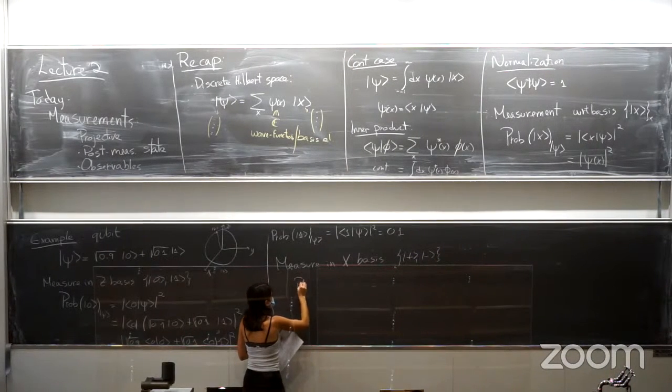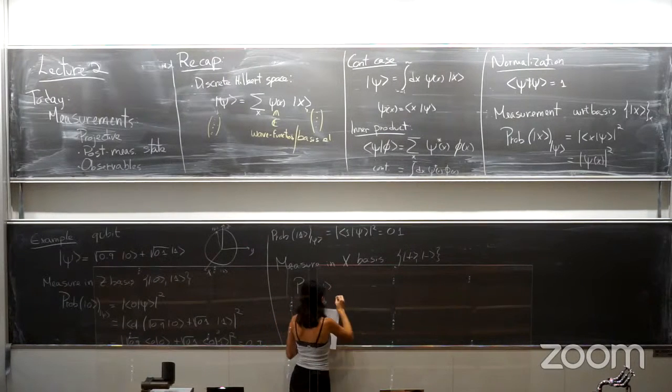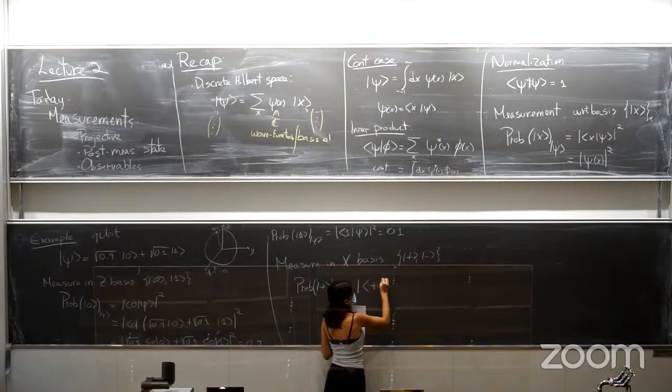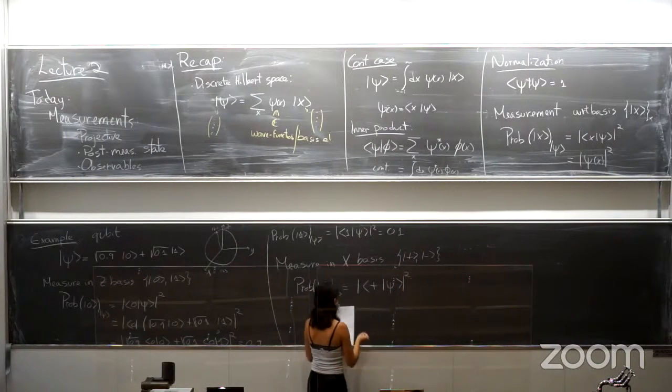What's the probability of getting plus when I measure this? Again, just the inner product, squared. And now we need to expand both sides.